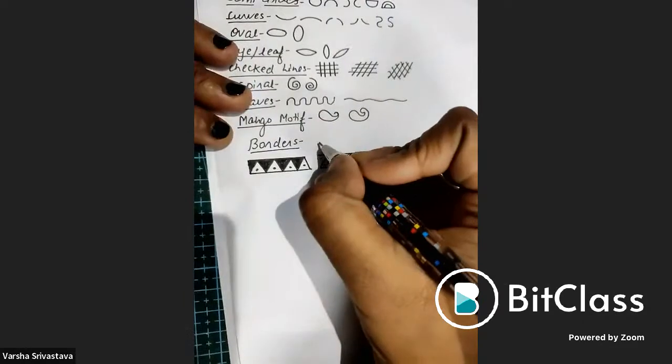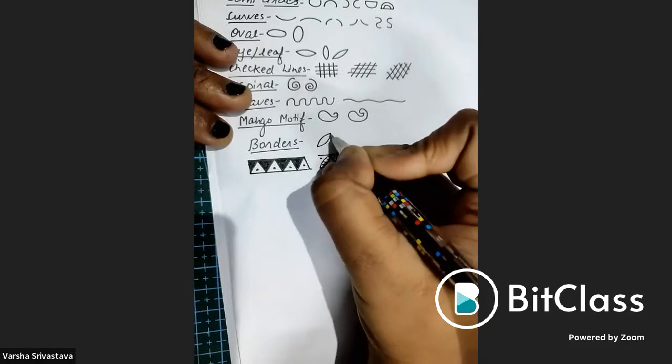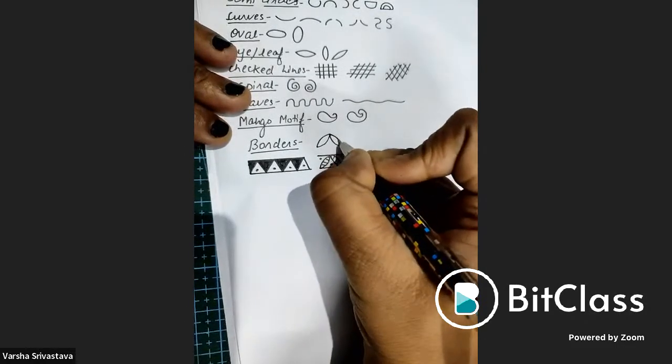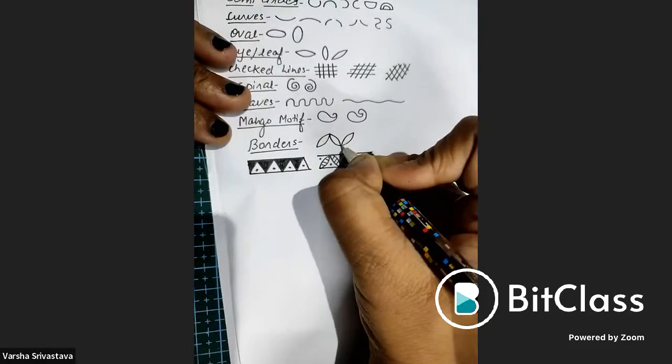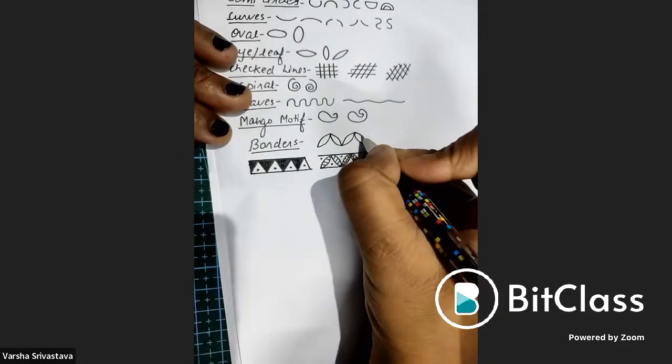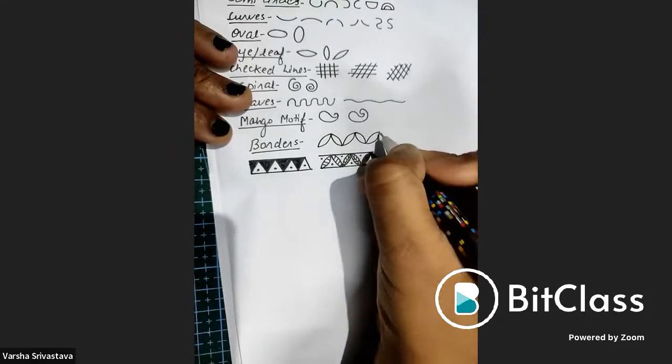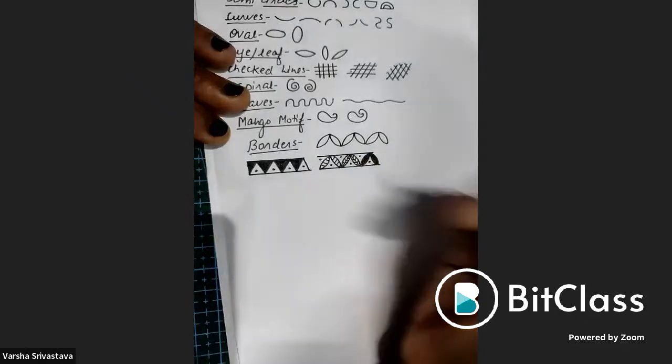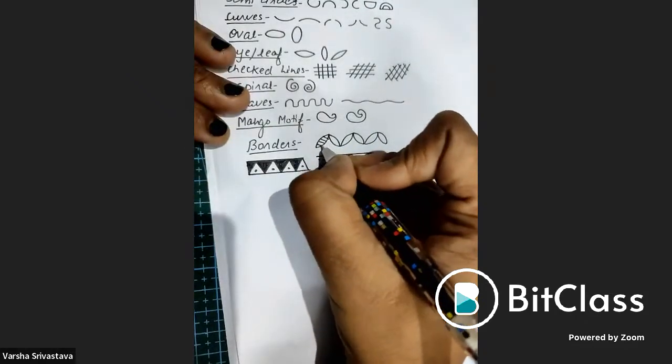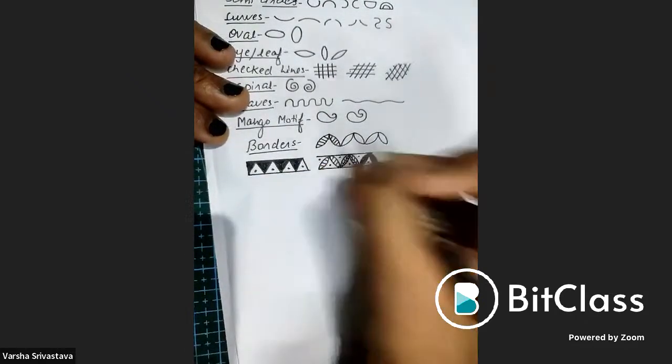Yes, Pranali. I just made the eye shapes or leaf shapes like this. I'm making it without the line over here. In the first one, I made the lines like this. This is a line pattern.